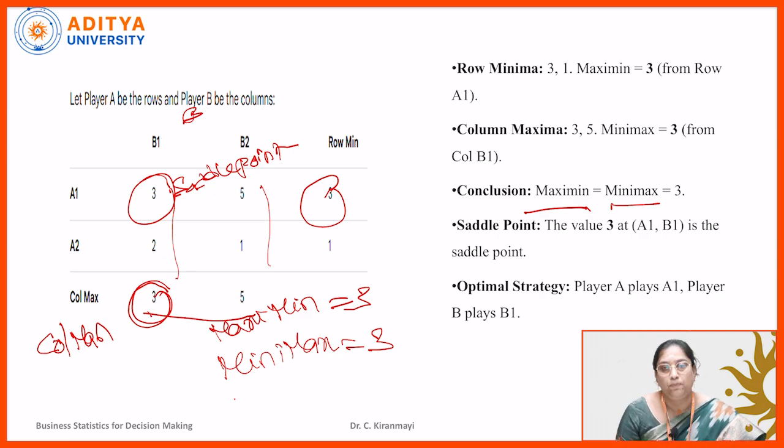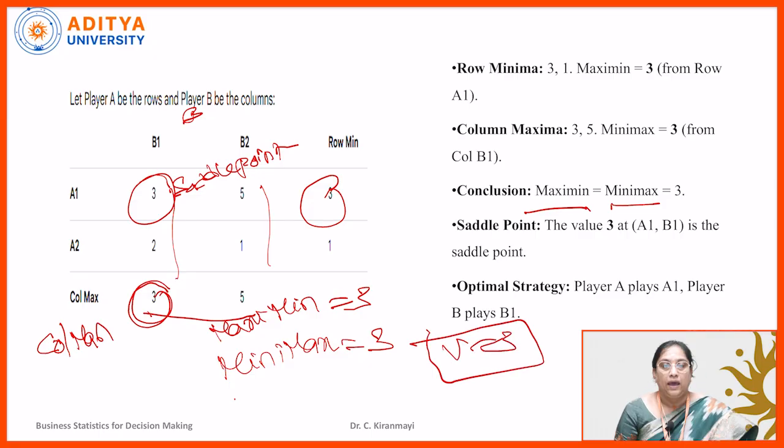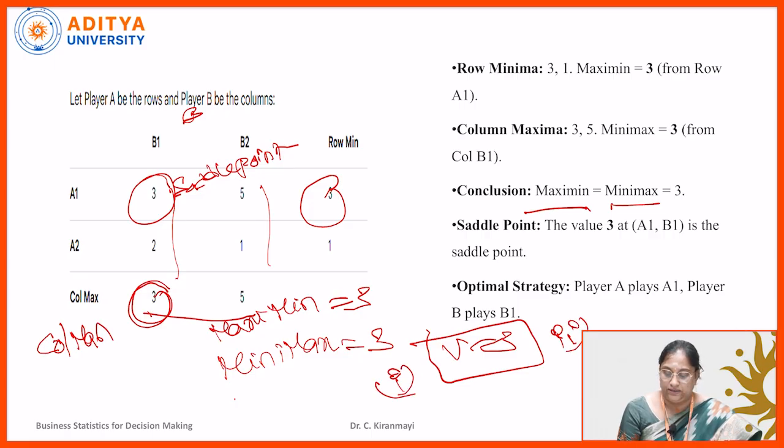So, now saddle point itself will be the value of game, and now we have to find out the optimal strategies next. So, 3 corresponds to A1, therefore, the optimal strategy for player A is A1 and the optimal strategy for player B is B1.